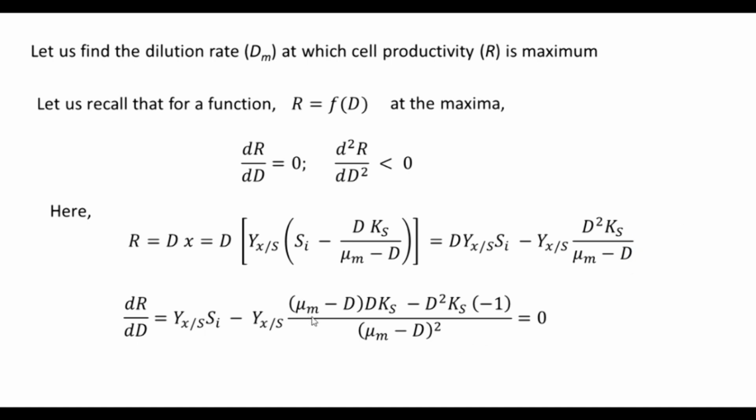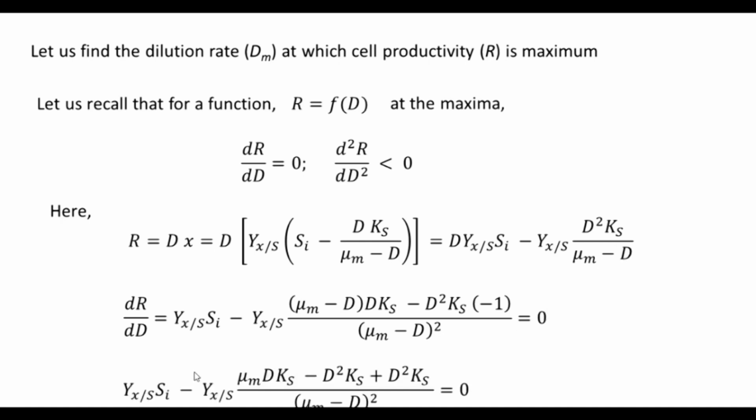So the denominator is mu m minus D, the derivative of D squared Ks is 2DKs, and then minus the numerator D squared Ks, the denominator derivative is just minus 1 here, divided by the denominator squared, mu m minus D squared, that equals 0.